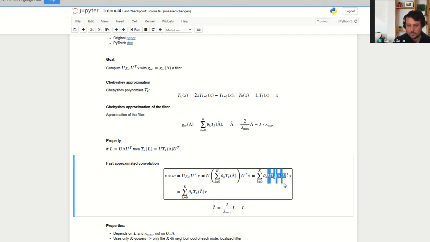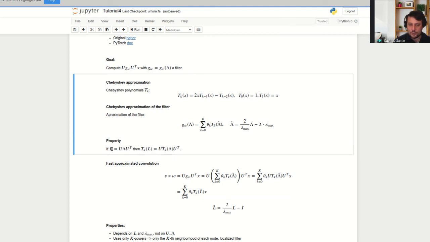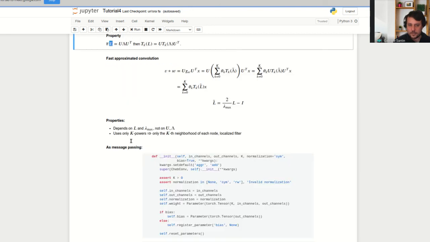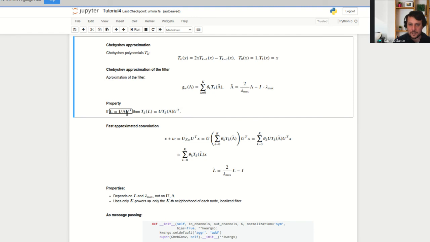And now we use here the property that you can throw the matrix in and out of the Chebyshev polynomial. This is the case for every polynomial, and it is related to the fact that if you take a matrix in this form and you want to compute powers of L, that is exactly the same as taking the power inside.